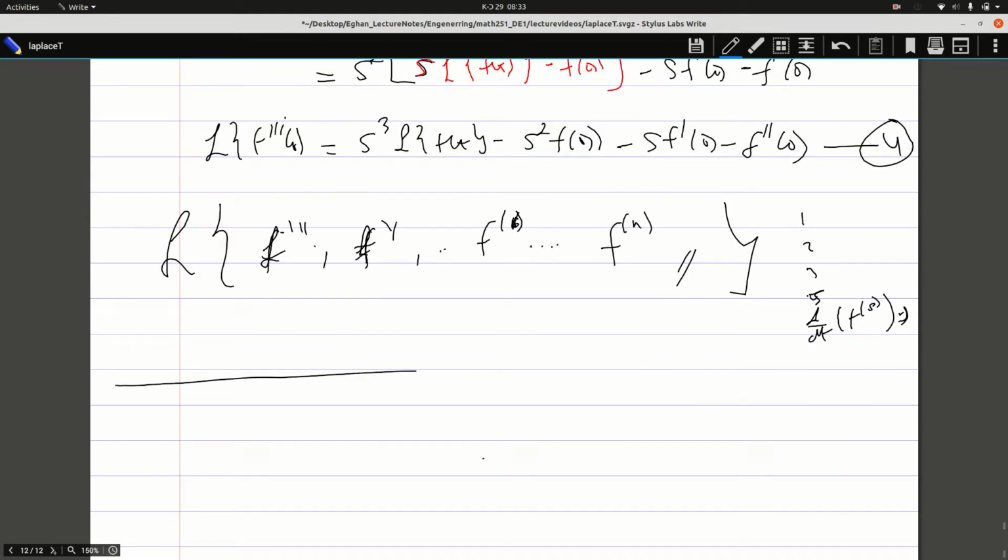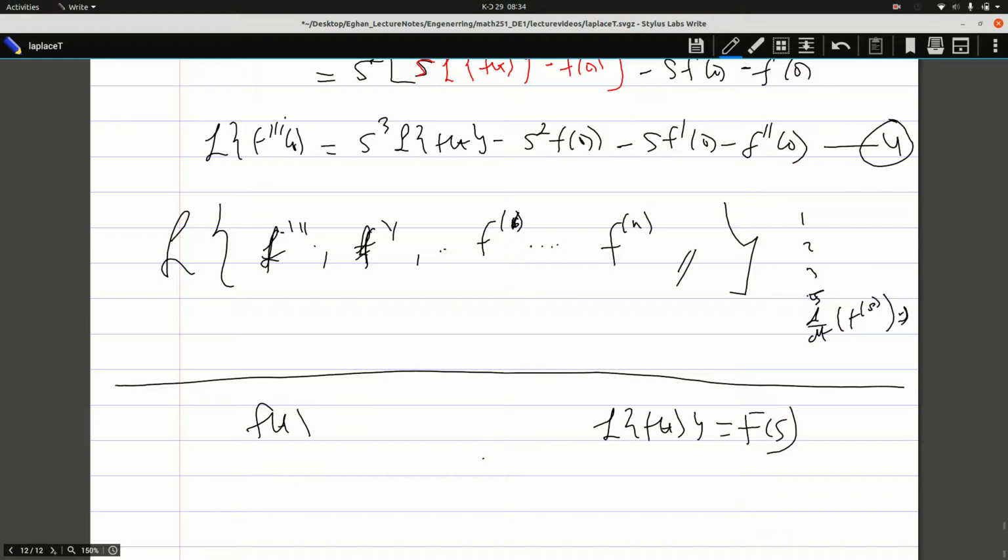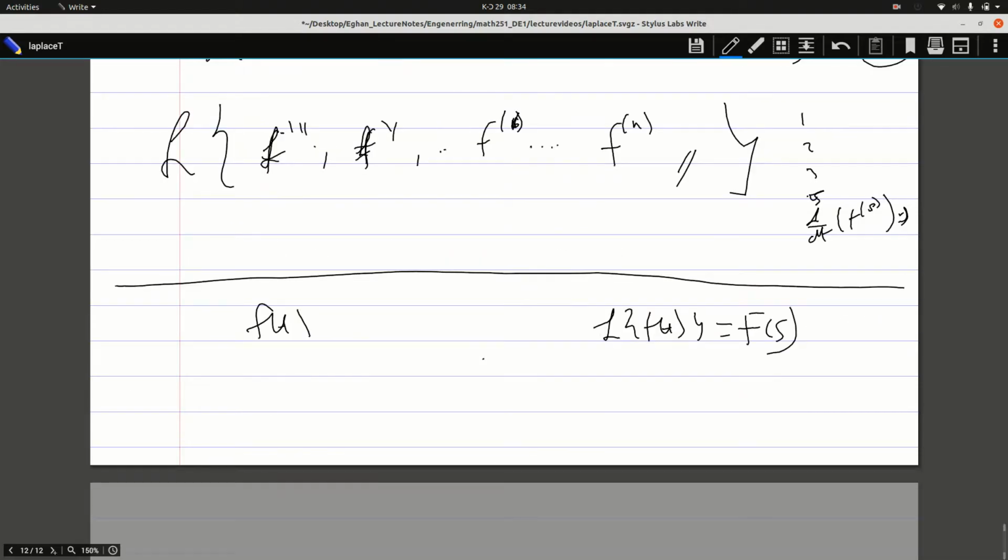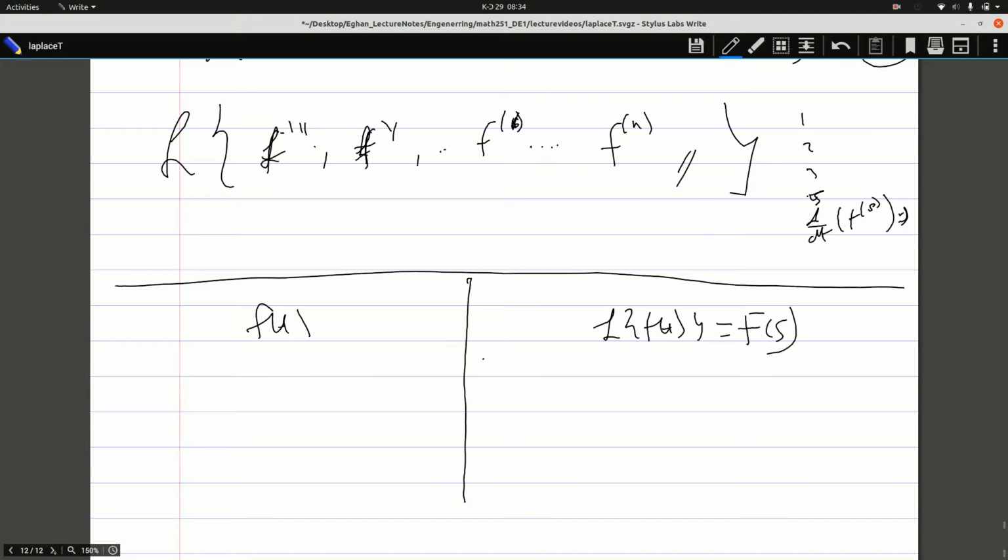If I have f of t, I have the Laplace transform of f of t, which I can write as big F of s in the frequency domain. We realized that when it was the first derivative, we had s Laplace of f of t minus f at 0.